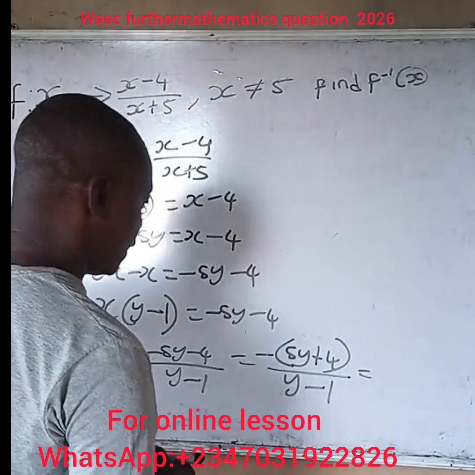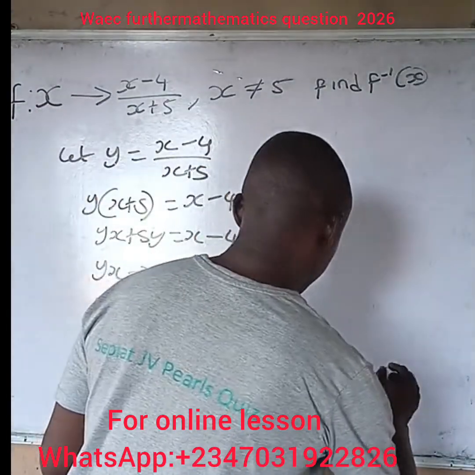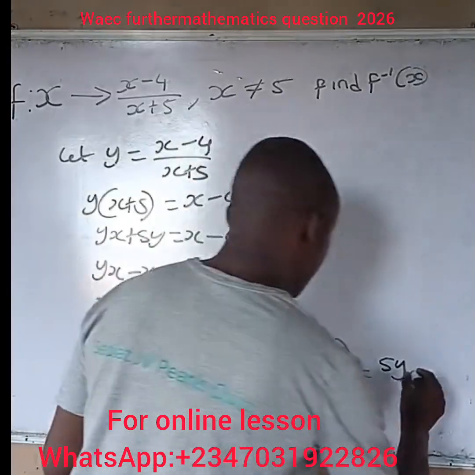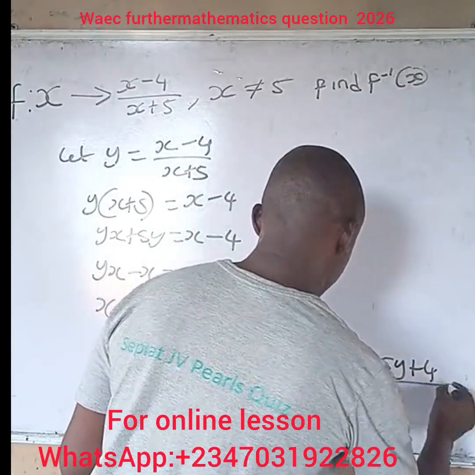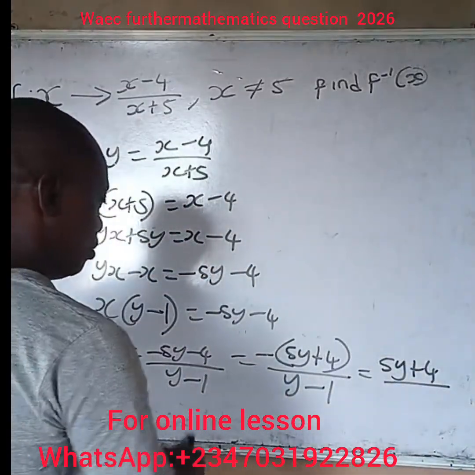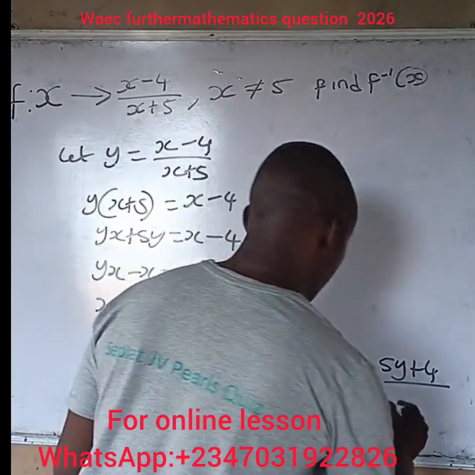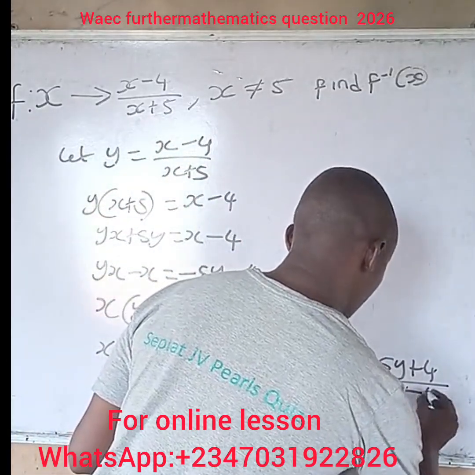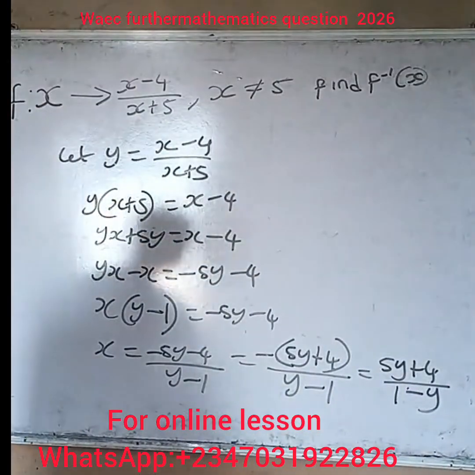So we will have 5y plus 4 over, divided by minus, 1 minus y.